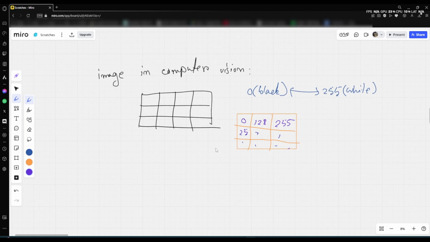Okay, these numbers, what do you think? Can our machine understand this? No. These pixel numbers are converted into a matrix, and this matrix does the main job. Okay, this one is the real hero here.